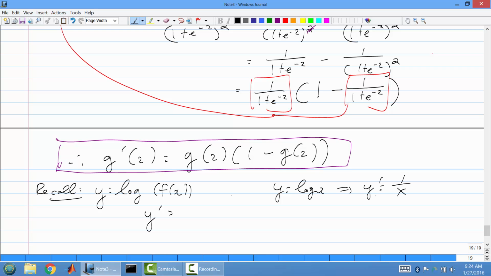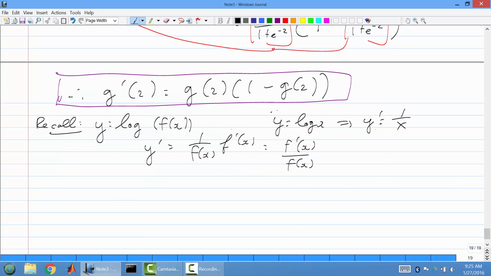It's one of those special derivatives where it's just 1 over x. This is log to the base e. So if I have a function on the inside, this is equivalent to 1 over f, and then the chain rule, so this is equal to f prime of x over f.